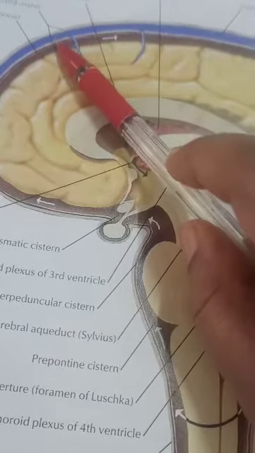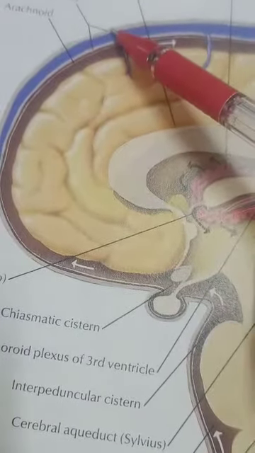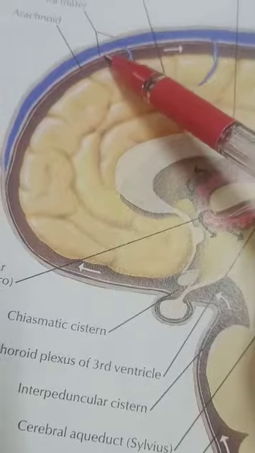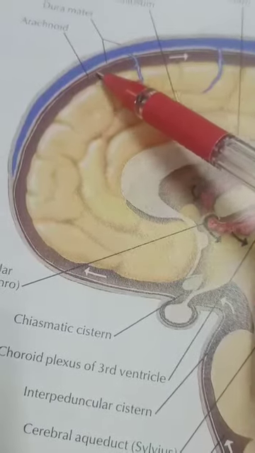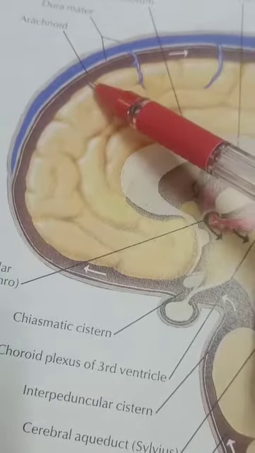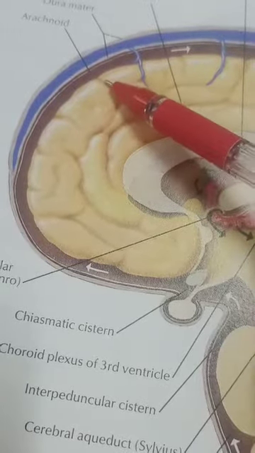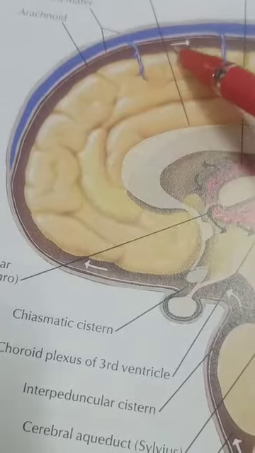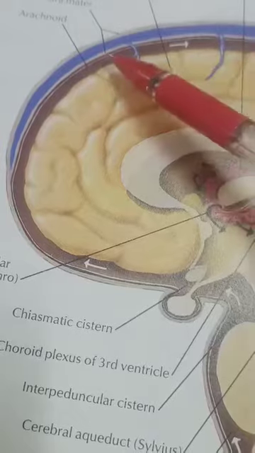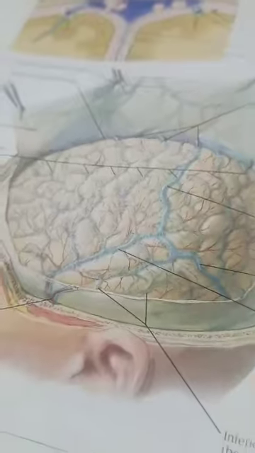These are the endosteal layer and the meningeal layer. Below that comes the arachnoid mater. Then after that comes the pia mater, which covers each and every sulci and gyri of the cerebrum. So these are the coverings, the meninges.